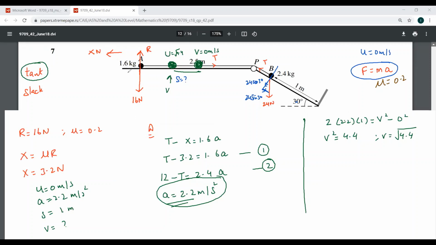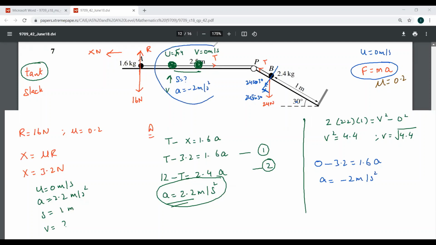No, because the surface is the same and the object is the same. We have no forward force. There is a backward force, which is 3.2, and the mass is 1.6, so F equals ma gives an acceleration of minus 2 meters per second square.